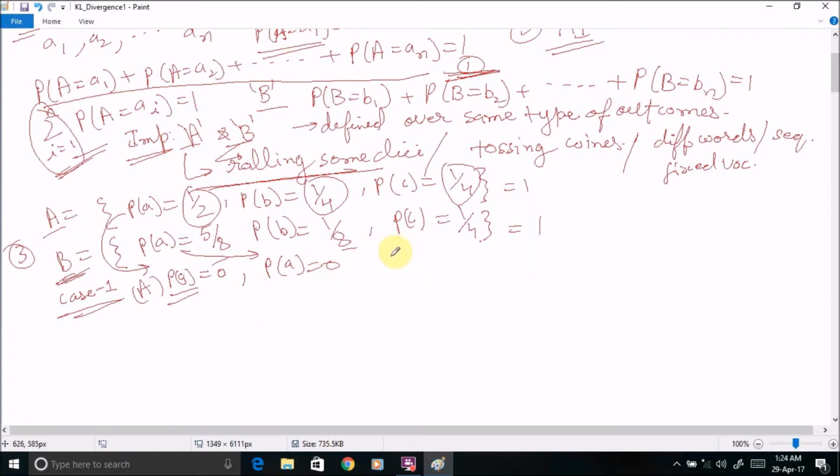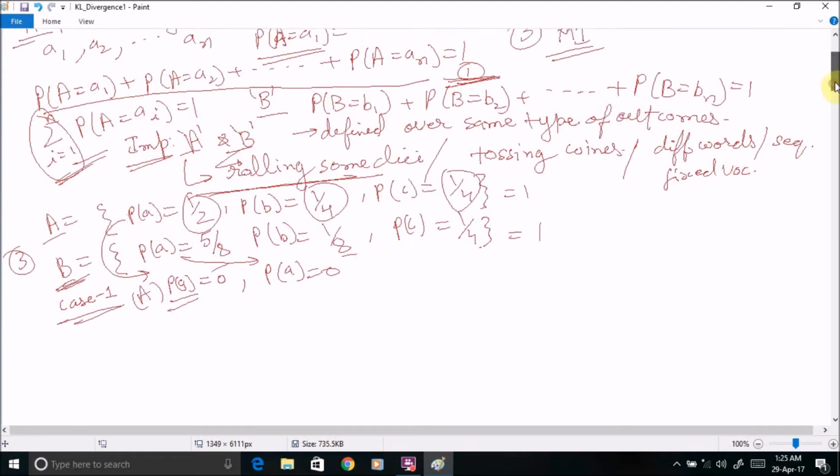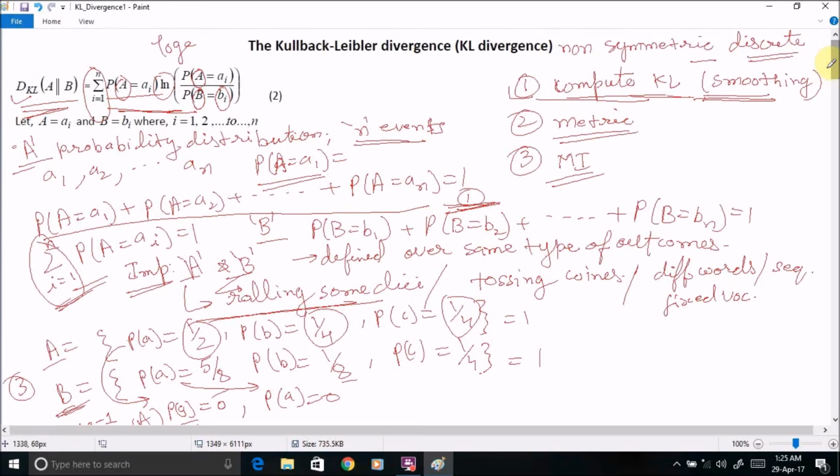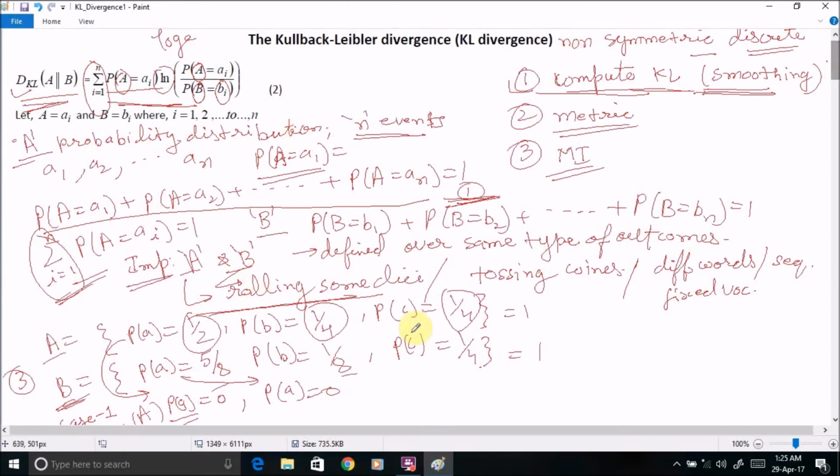For example, if we apply this formula, then it will be equal to 0 times the log term, and this can be expanded like 0 times something, and this is equal to 0.